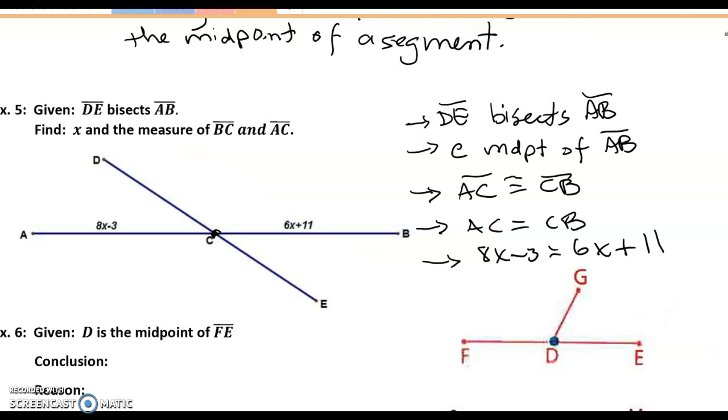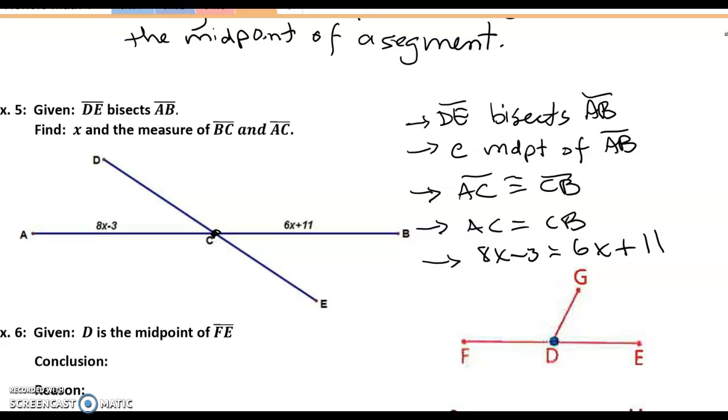So now see here off to the right, I've written a series of statements that logically follow each other. Starting with statement number 1, we're given that segment DE bisects segment AB. So because of that, we can now make the statement that C is the midpoint of AB. And by definition of segment bisector, C has to be a midpoint of AB.